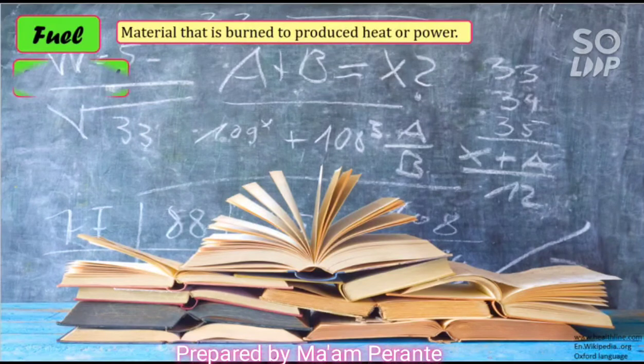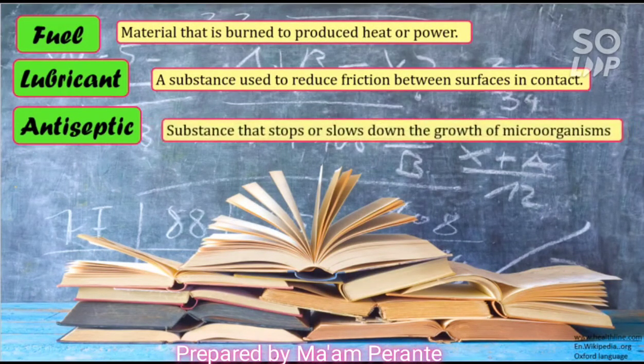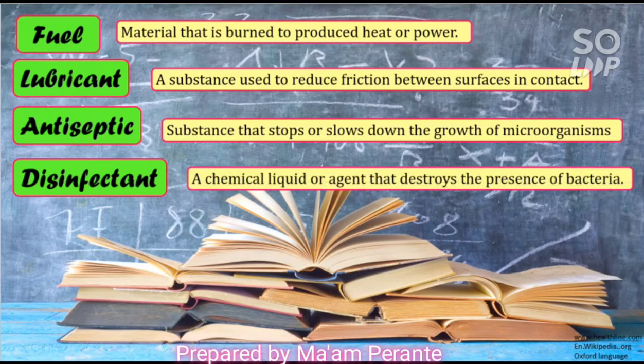When I say lubricant, like lubricating oil that is used in some wheels of the cars, it is a substance used to reduce the friction between surfaces in contact like wheels. Antiseptic is a substance that stops or slows down the growth of microorganisms. Disinfectant, like alcohol, formaldehyde, is a chemical liquid or agent that destroys the presence of bacteria.